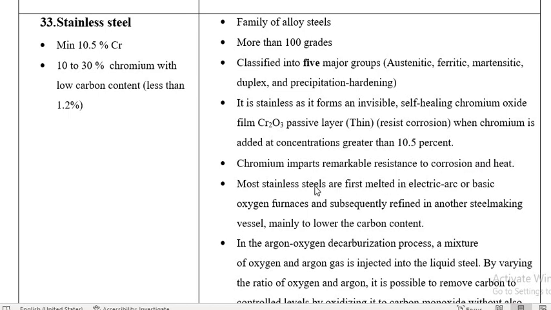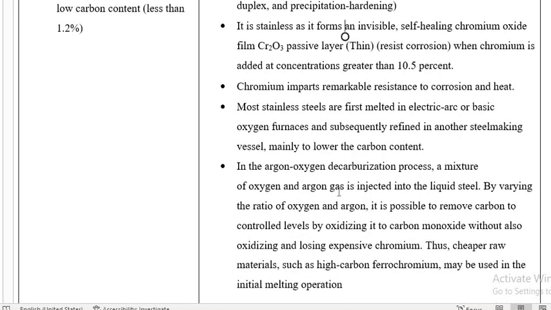Most of the stainless steels are first melted in electric arc or basic oxygen furnaces and subsequently refined in other steel making vessels, mainly to lower the carbon content. In the argon oxygen decarburization process, a mixture of oxygen and argon gas is injected in the liquid steel bath.